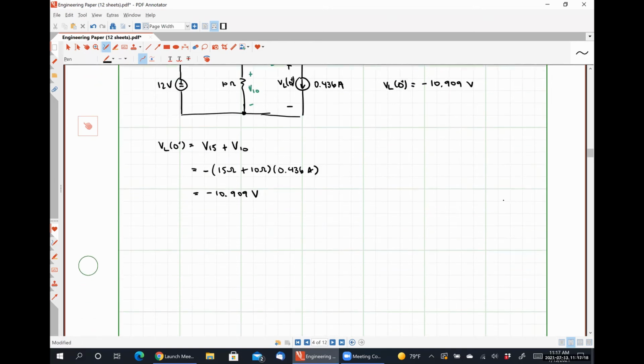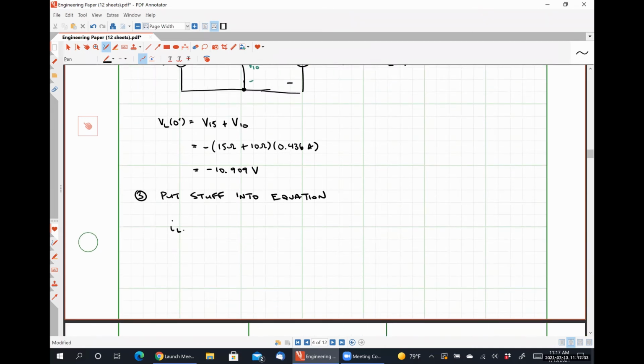So step 3, put stuff into our equation. We know that our inductor current IL, as a function of time, will generally be of the form IL at 0 minus for t less than 0 minus, and it will be of the form IL at 0 plus e to the minus R over L times t for t greater than 0 plus.